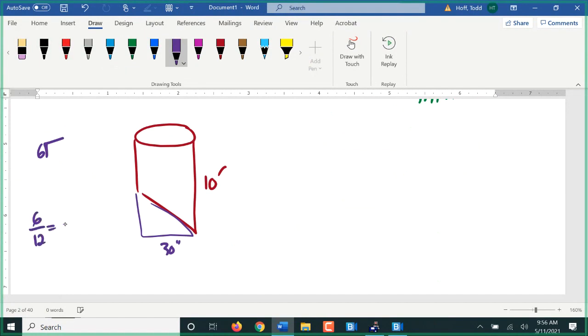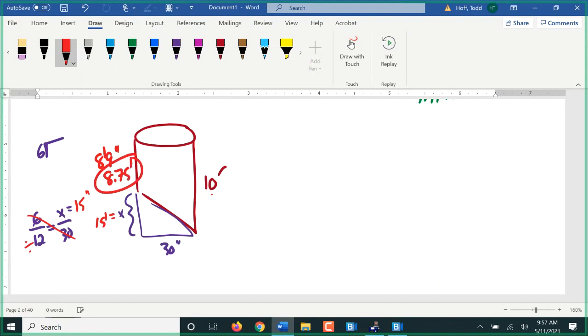So 6 over 12 equals, I'm going to call this piece here x over 30. Cross multiply and divide. X is 15 inches. 15 inches subtracted from 10 feet is 8 feet 9 inches, or 8.75 feet. So that height on the short end is 8'9" or 8.75 feet. Either way would be acceptable.